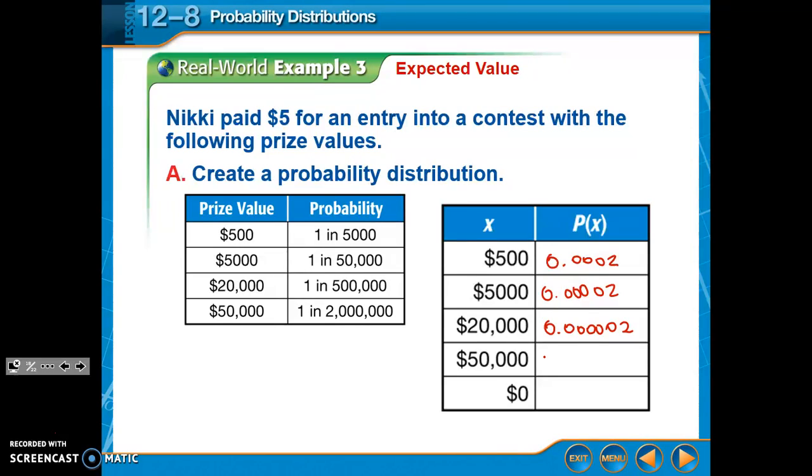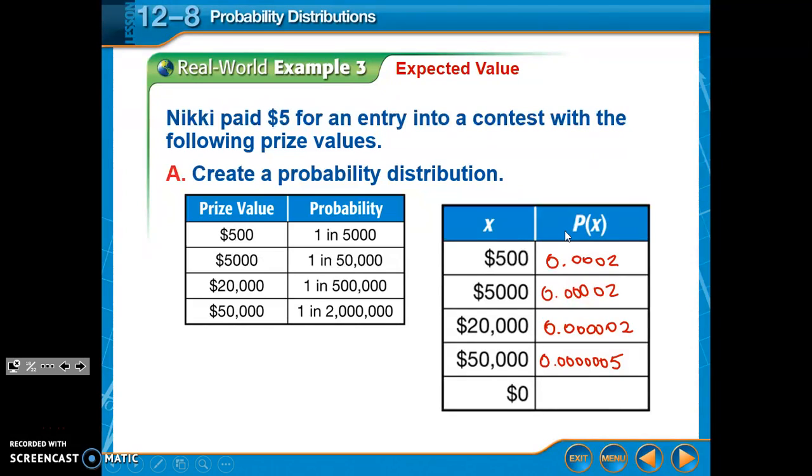For 1 in 2 million, 1 divided by 2 million is 0.0000005.